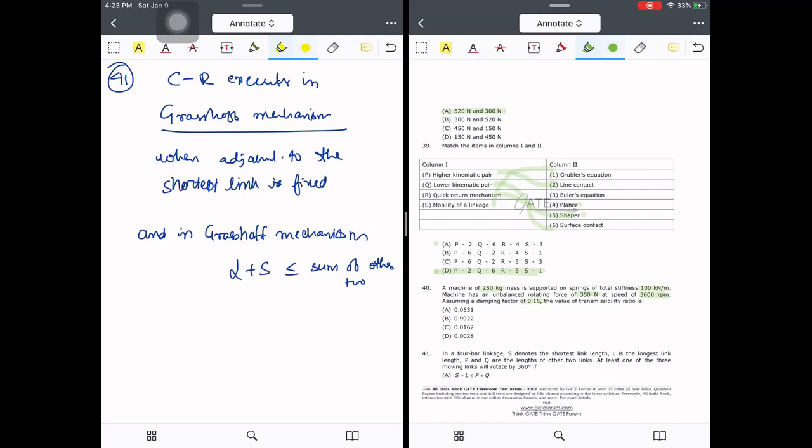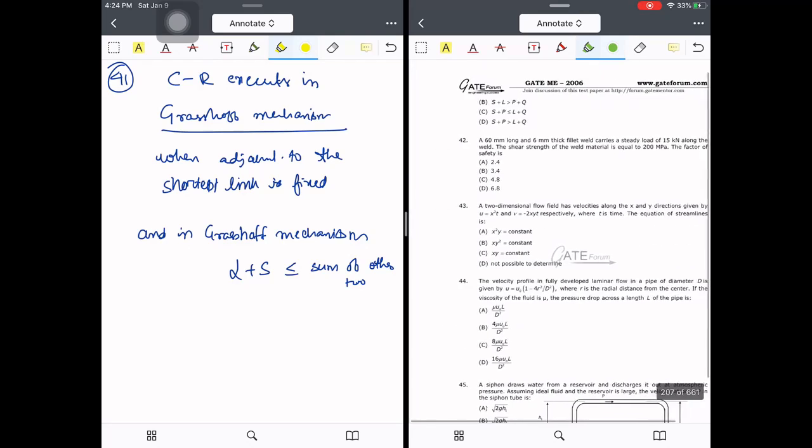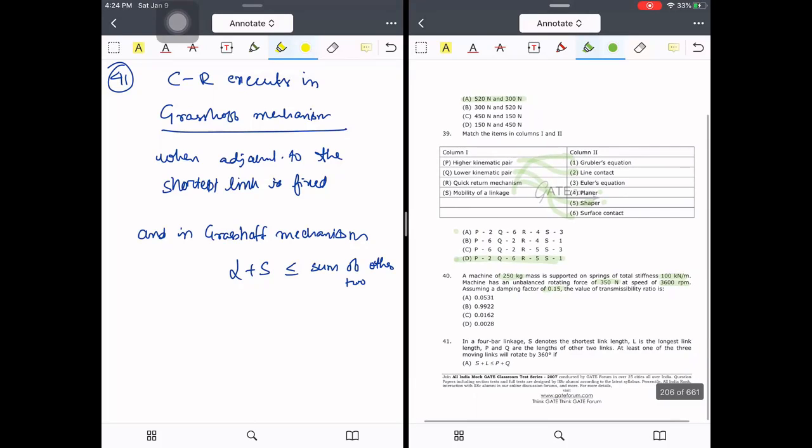Now question number 41. In the 4 bar linkage, S denotes the shortest link, L is the longest link, and P and Q are the other 2 links. At least one of the 3 moving links will rotate 360 degrees.